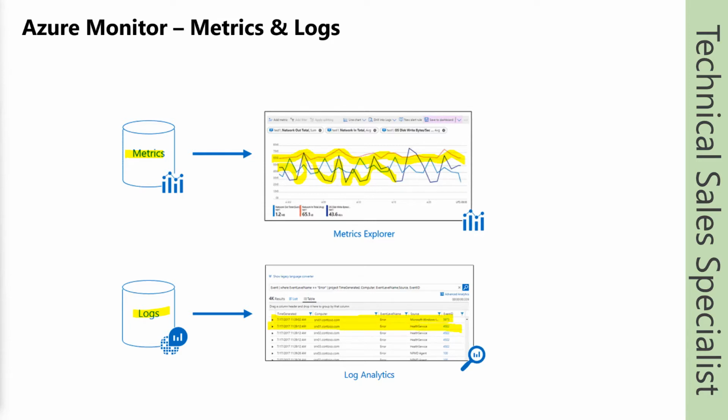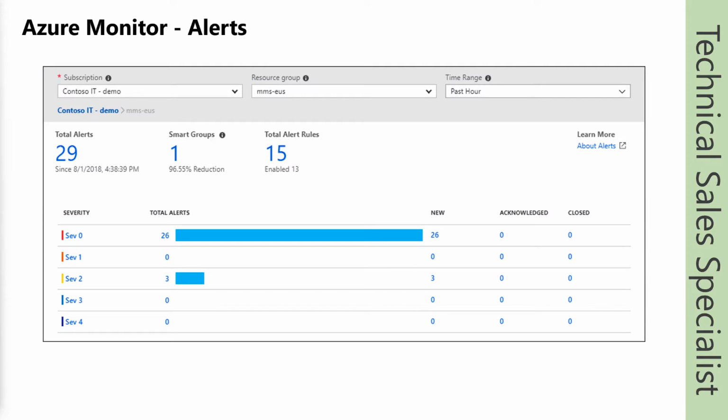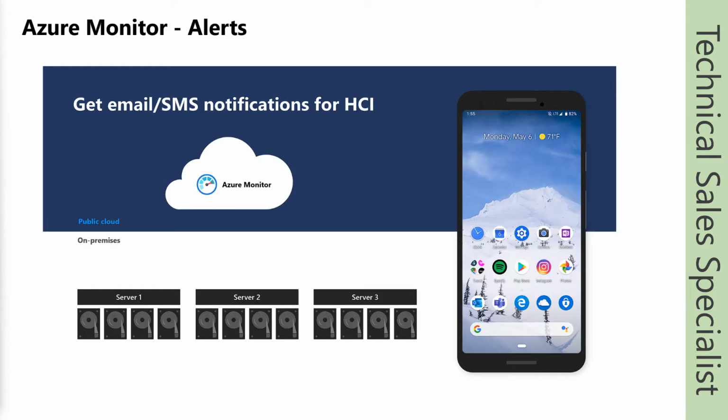For sure, with Azure Monitor, we can build powerful dashboard views to bring all the information we need on a single view, on a single page. With alerting, we can receive information automatically based on the status of a service or a server or a device in our monitored solution.